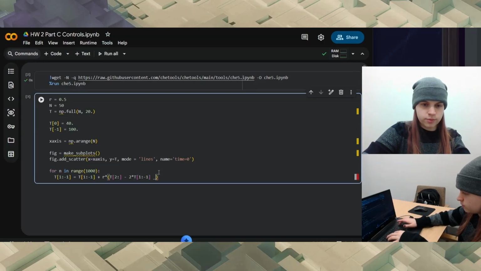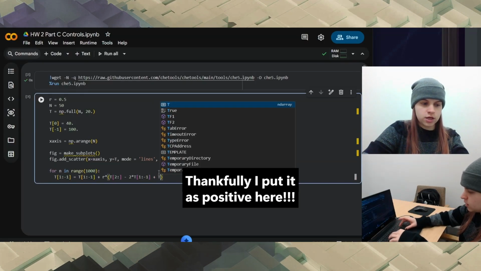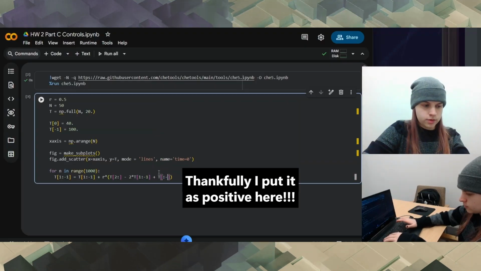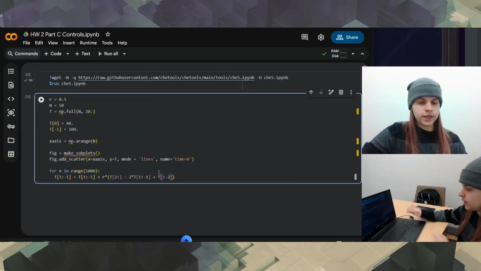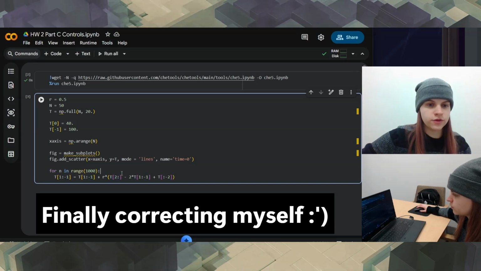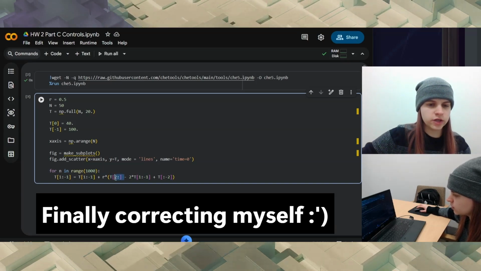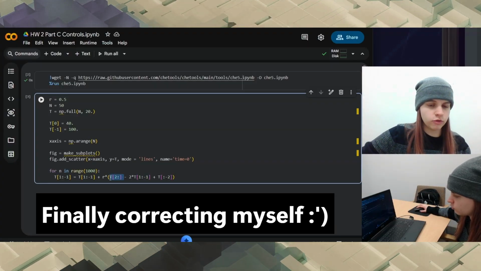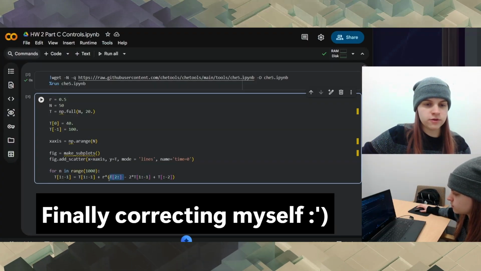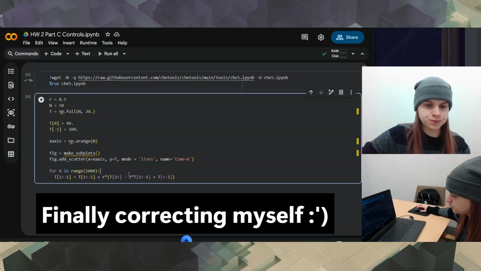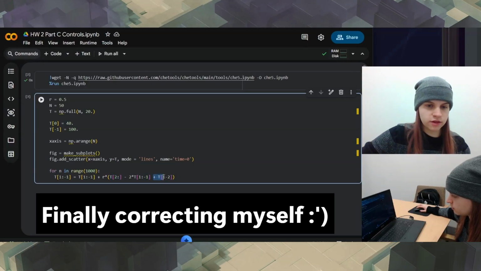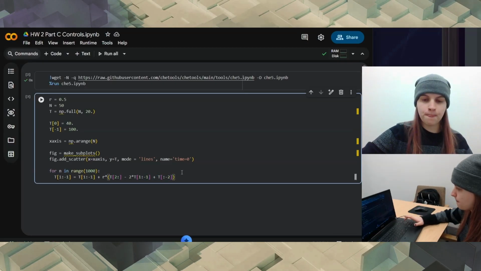Minus, or sorry, I believe it's plus T. There we go. So for each node, I don't know if I was correct earlier, but this should be the right-hand node, so to the right of the current node. This should be to the left.